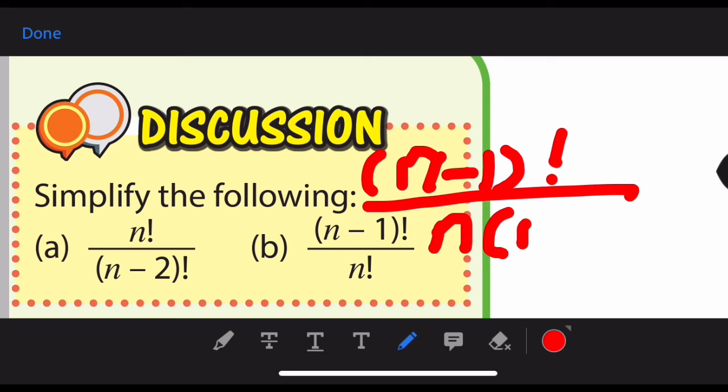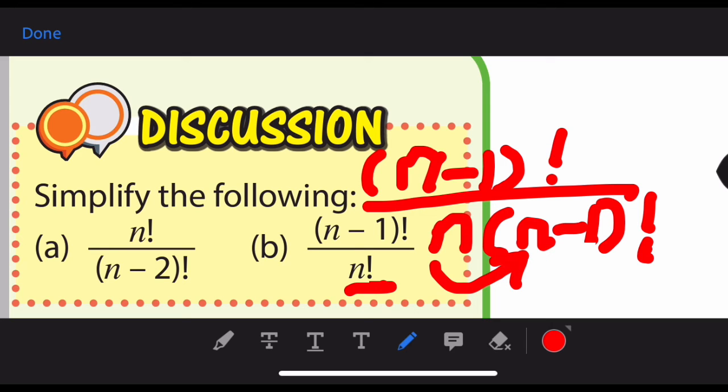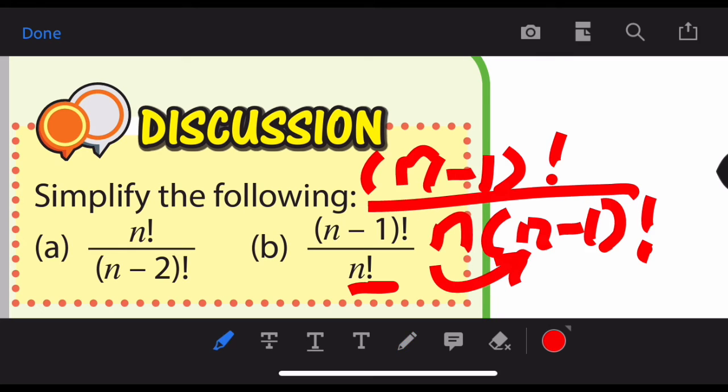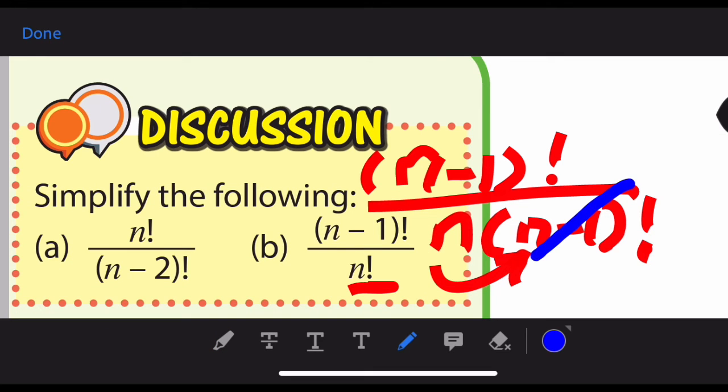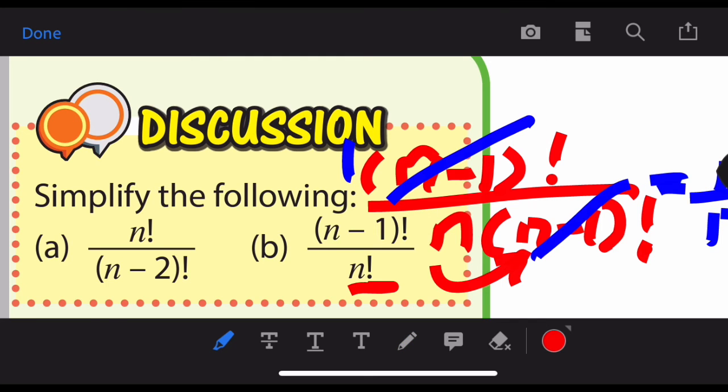I can write at n minus 1 factorial, right? Okay, this is a formula. N factorial is n times n minus 1 times n minus 2 until the 3 times 2 times 1. Okay, so I can start at the n minus 1, then I'm going to cancel out the common factor, which is this one. Here should be 1, not 0, so the answer is 1 over n, right? So this is the answer for the B.